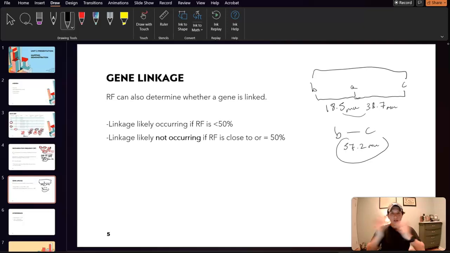Gene linkage is likely occurring if recombination frequency is less than 50%, but is likely not occurring if your recombination frequency is closer to or equal to 50%. And we can see our recombination frequencies aren't super close to 50%. It's definitely likely for B and A, starting to get closer to 50% with A to C, but not quite there, so there's definitely gene linkage occurring.